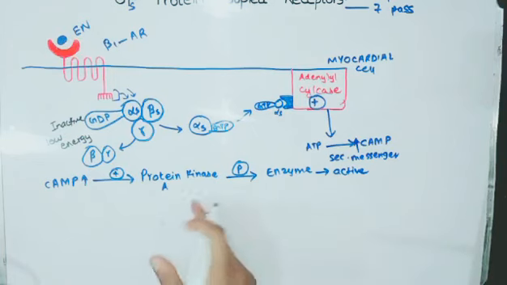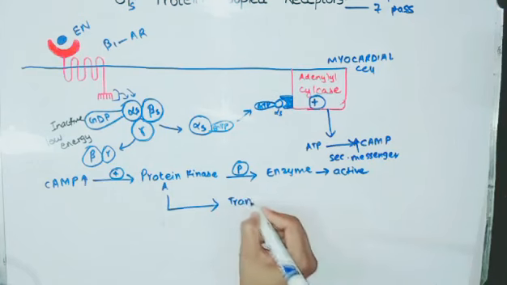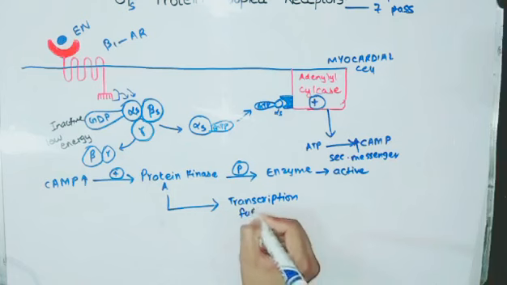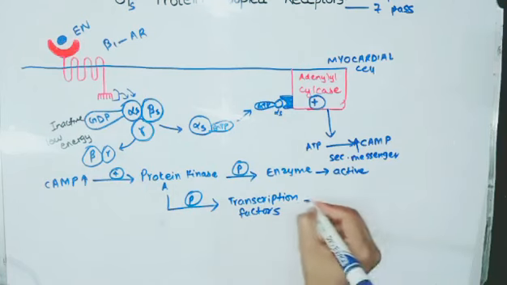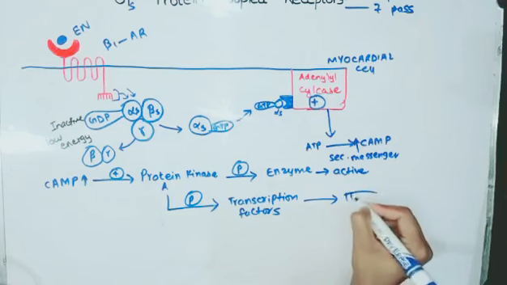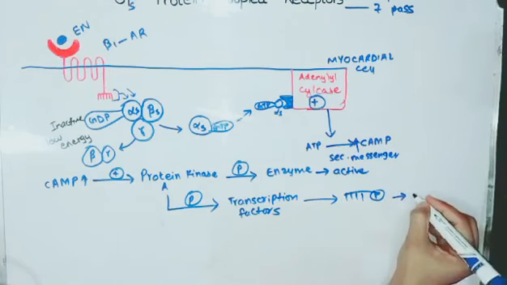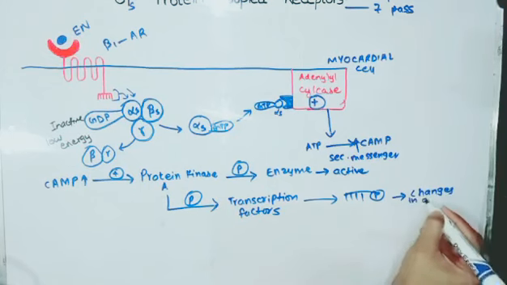Or protein kinase A may phosphorylate different transcription factors, so basically when these are phosphorylated, they bring changes in the genomic expression of the cell. So they ultimately bring changes in genomic expression.